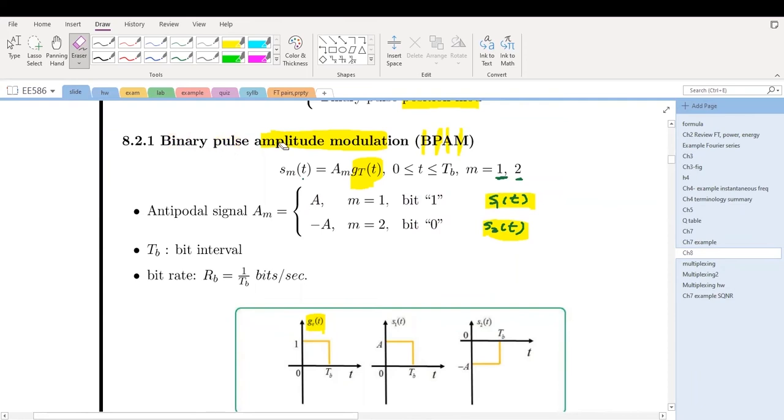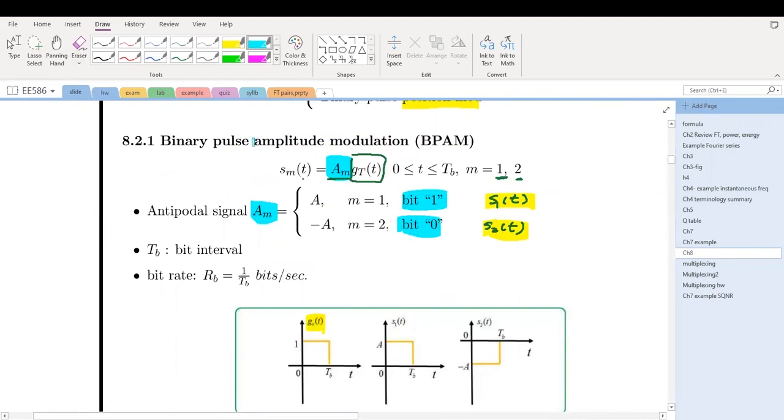So in this case, digital bit 1 or digital bit 0 are represented by the magnitude change. This is a waveform, and the only variable is the magnitude. So magnitude is changing in terms of the digital bits, either 1 or 0.